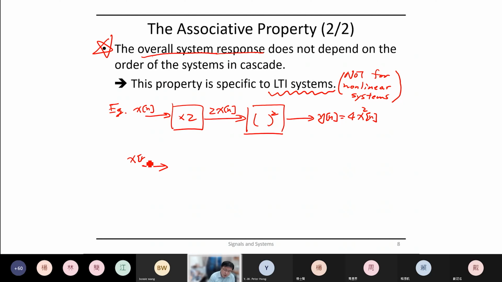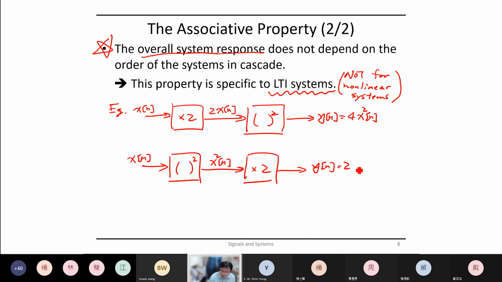Now, suppose you switch the position of these two systems. Suppose you first take the square. This will give you x[n] squared, and then scale it by 2, which will give you y[n] equal to 2 times x[n] squared.